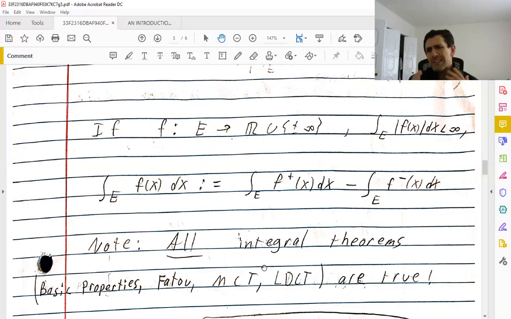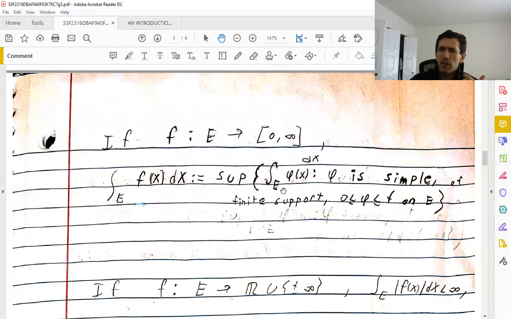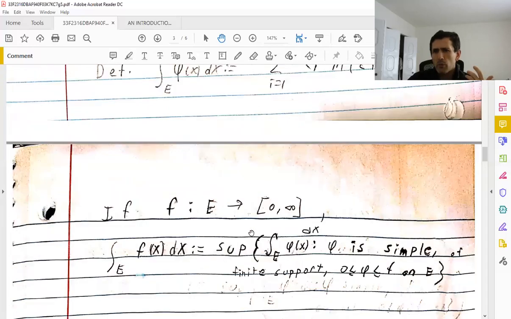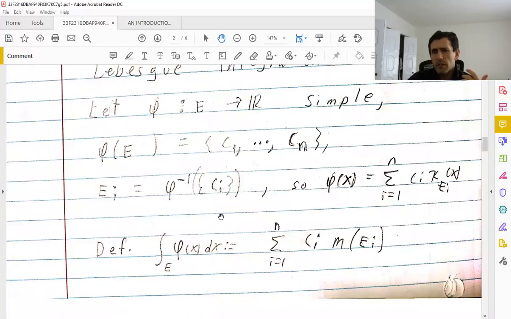Okay, so a little comment on why we didn't do this, if I'm saying this way of doing things is a little more efficient. Well, like I said, what did we do? We first defined, like we do here, the Lebesgue integral of a simple function.